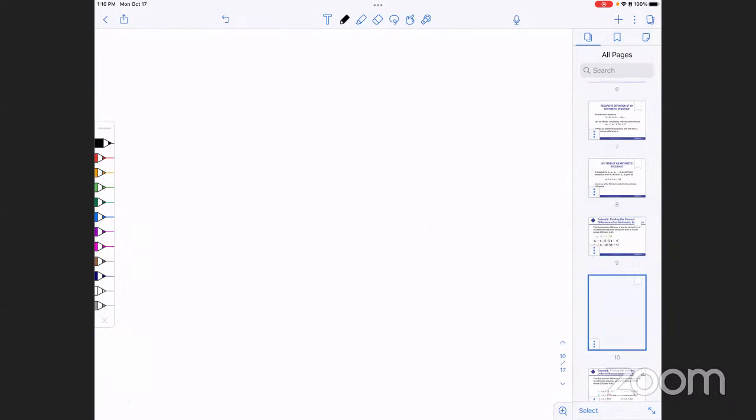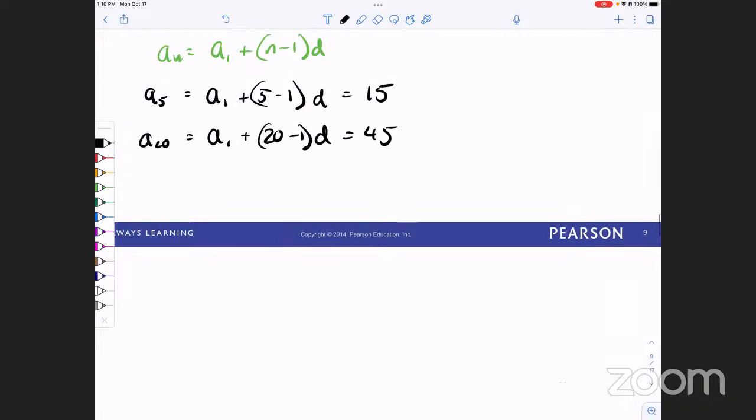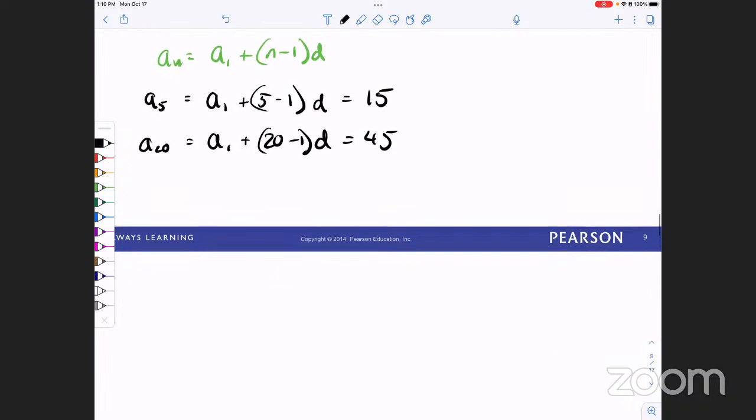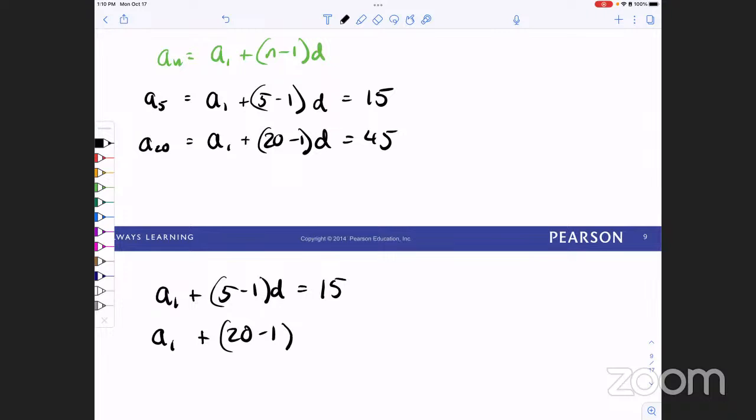At this point, we have 2 equations and 2 unknowns, right? So we can actually solve this system of equations. Let me rewrite it really quickly. So we have a1 plus 5 minus 1 times d equals 15, and we have a1 plus 20 minus 1 times d equals 45, okay?